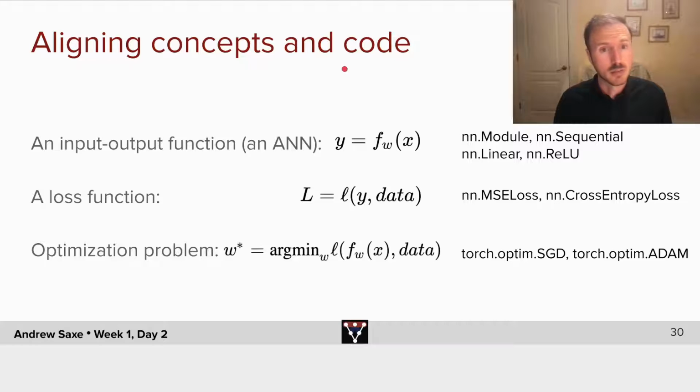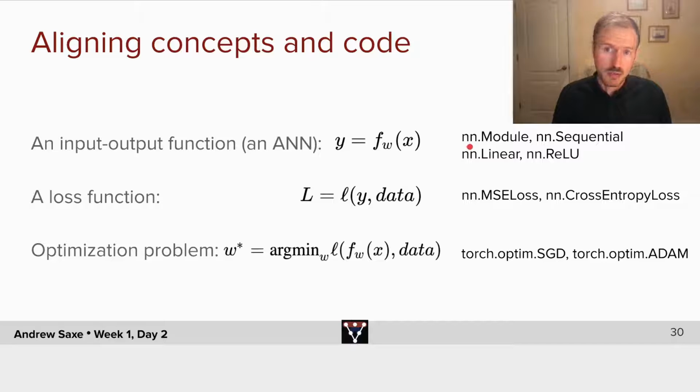Earlier today, we talked about the basic features of the optimization problem that underlies learning in deep networks. And we can map those to useful methods and classes in PyTorch. So first of all, when it comes time to implement the input-output function for your artificial neural network, there are a couple options.